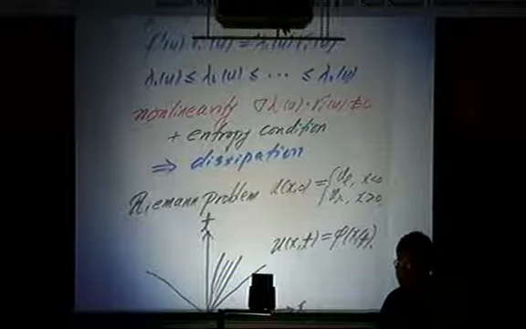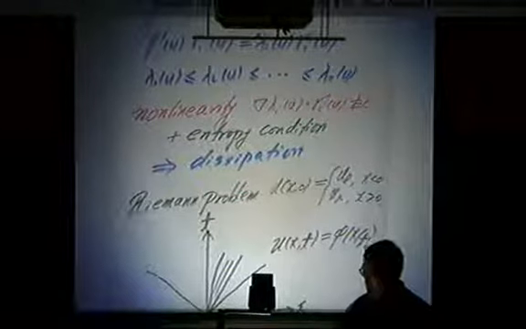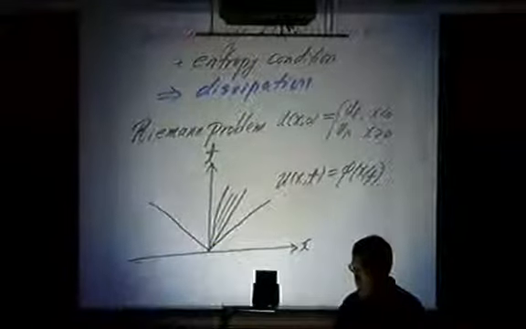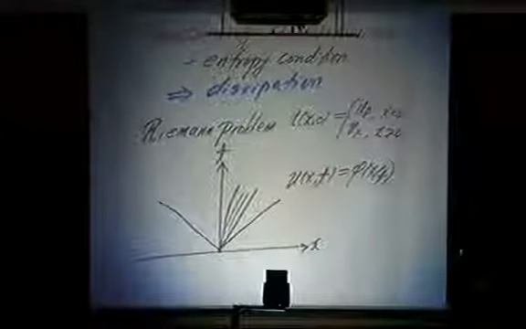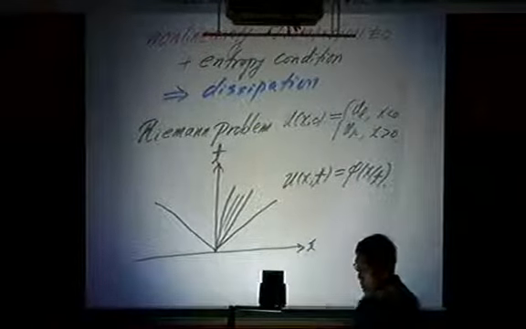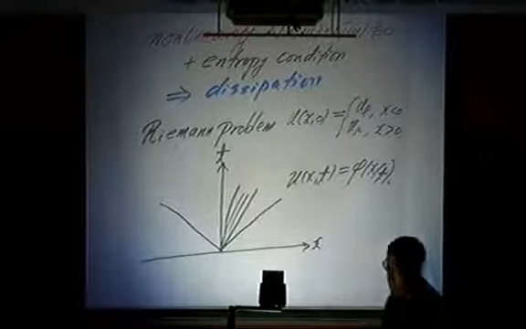And that creates a shock wave, and which requires something called the entropy condition. Together, it gives dissipation. So the most important problem to look at for a conservation law is an initial data which consists of only two constant states, u_L here and u_R here. And that problem was first started by Riemann.